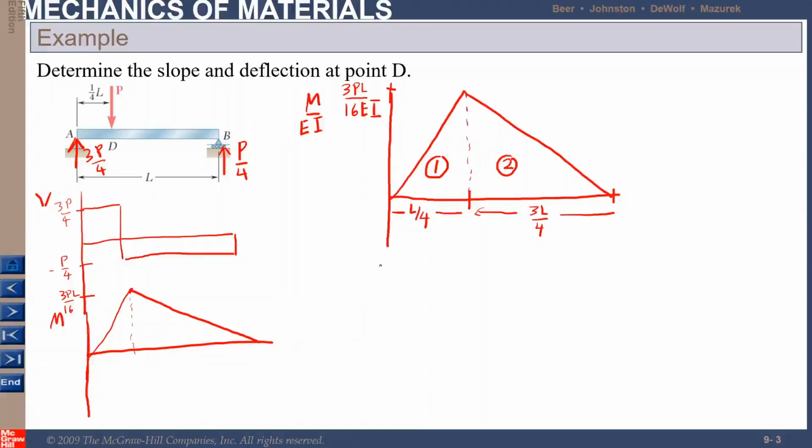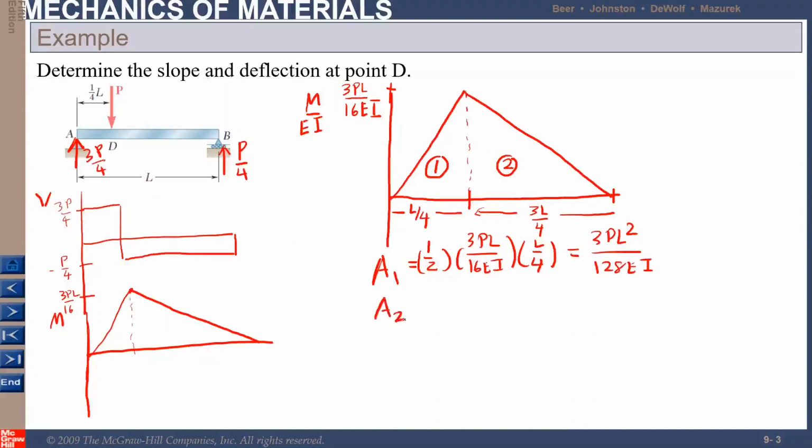We can find the value of A1, the area of this triangle here, which is 1 over 2 times 3PL over 16EI times L over 4. Then you will get 3PL square over 128 EI.